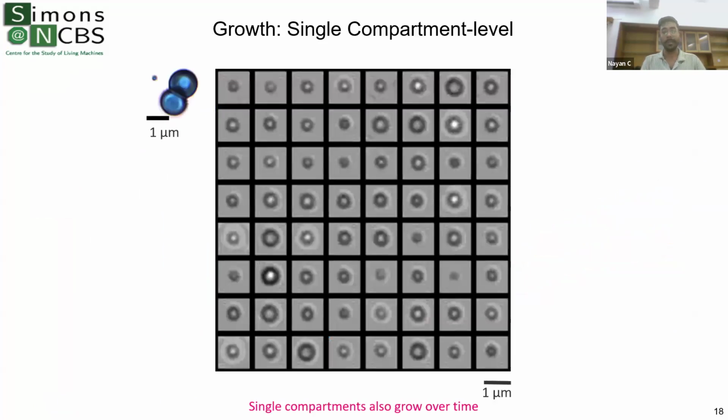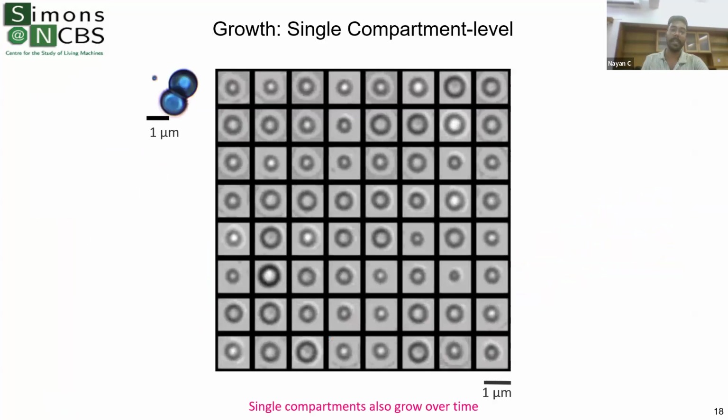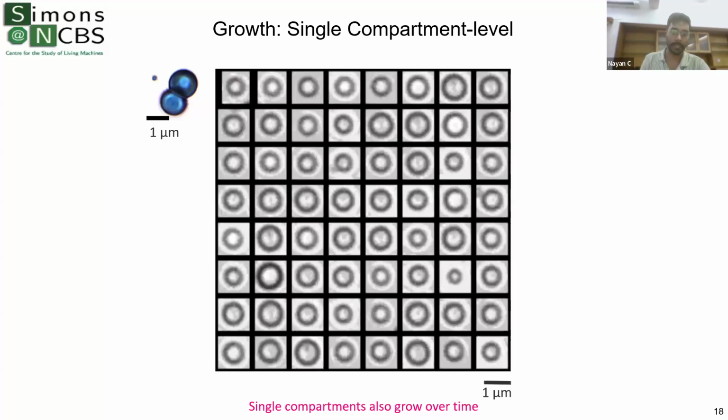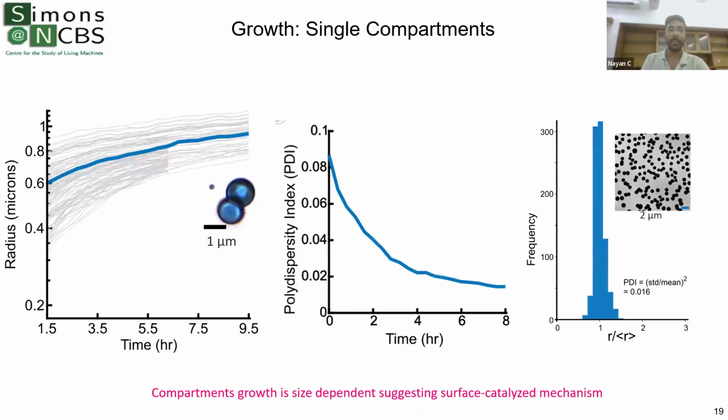And so we did single particle tracking of these microspheres over time. And we do indeed see that not only do new microspheres form over time, but the microspheres also grow in size over time at a single compartmental level. And when you plot the statistics of these microspheres, we do see that they tend towards becoming more and more polydispersed.